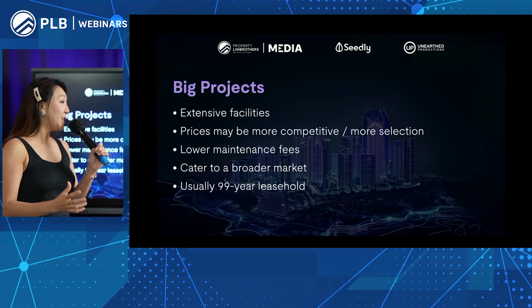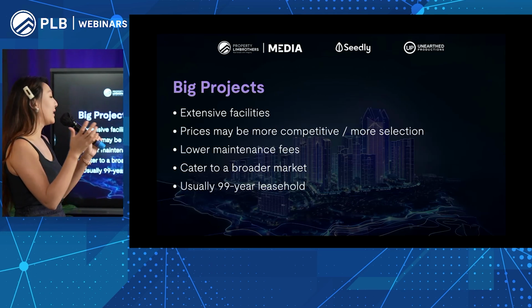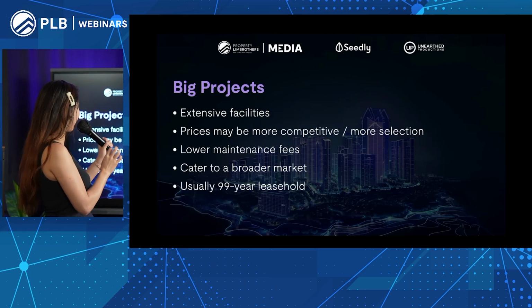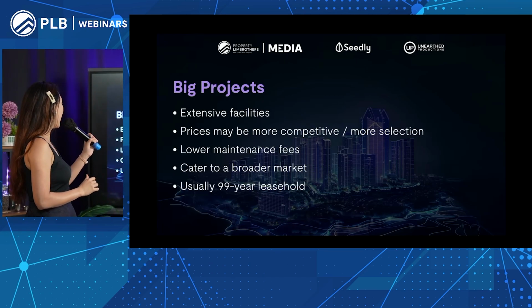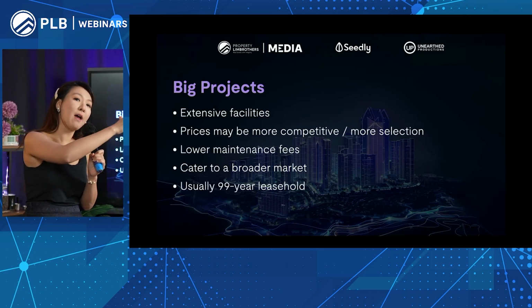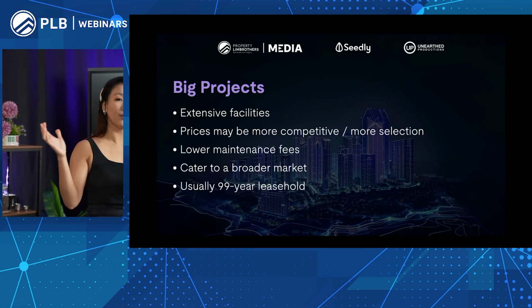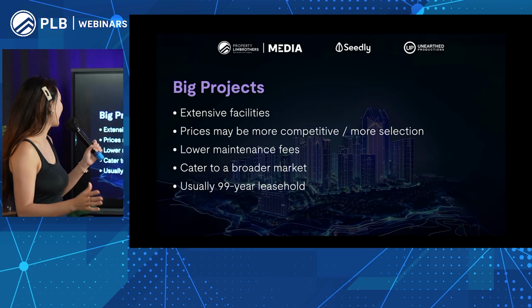Some of the features of big projects is that they have more facilities. They usually have everything until the tennis court. Maintenance fees are usually lower as well because you divide by more owners. They cater to a broader market because a bigger condo usually has 1 bedder all the way to 4 or even 5 bedroom types.